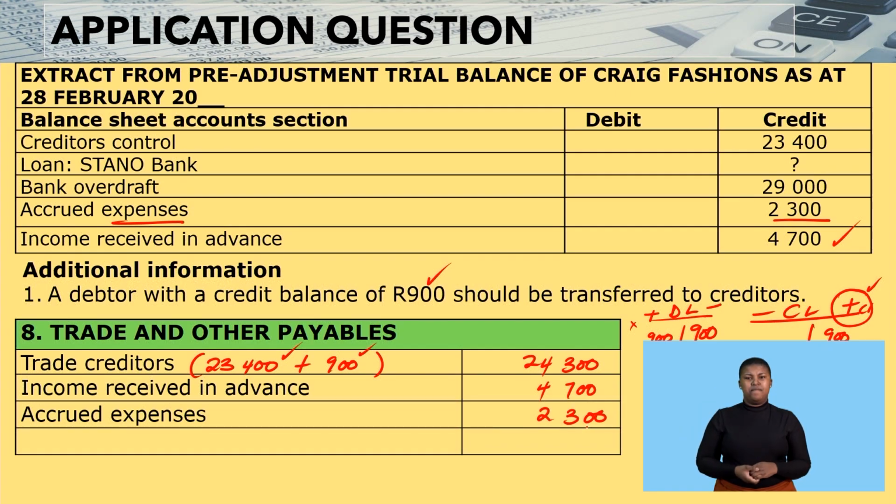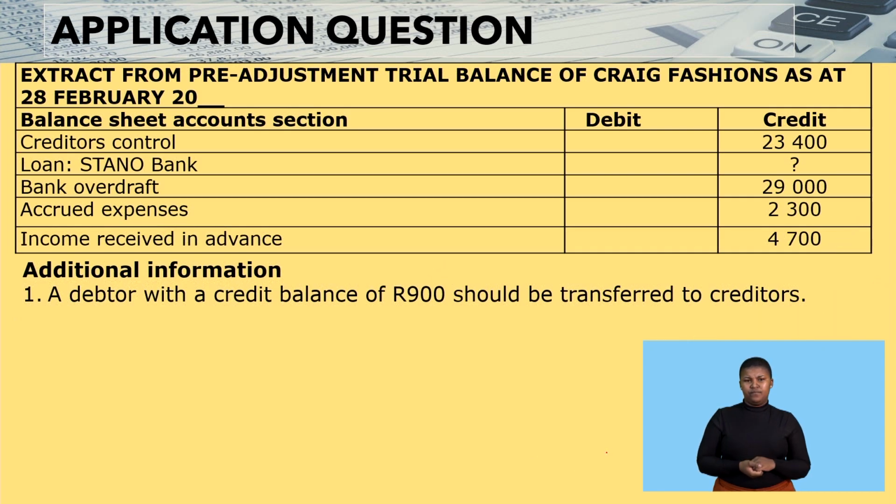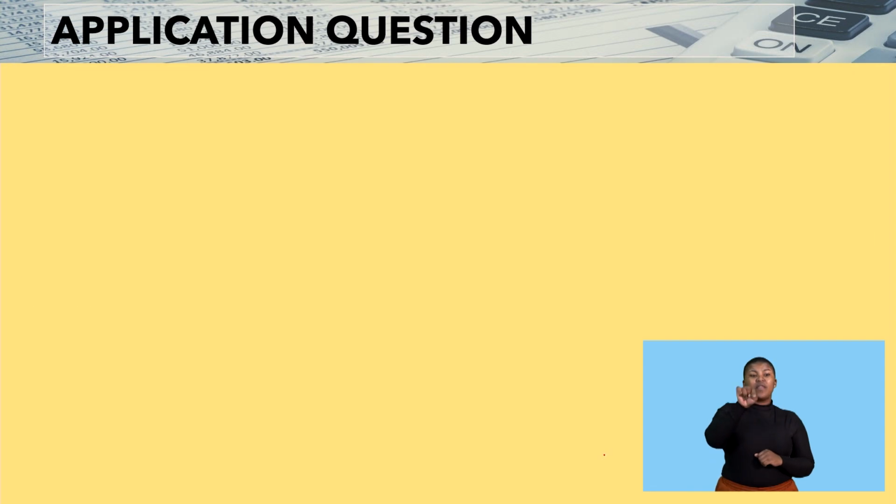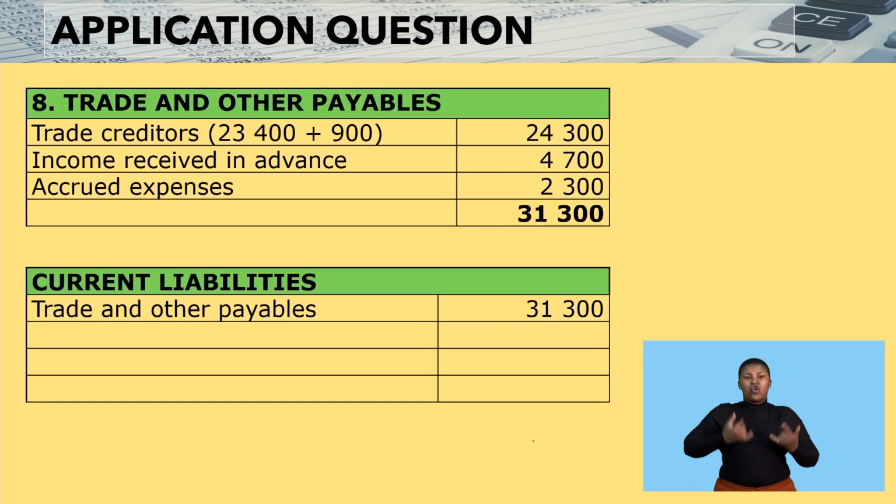After this, I can then close my trade and other payables. If I add 24.3 plus 4,700 plus 2,300, I get 31,300. With the 31,300, I then take it to my current liabilities, trade and other payables. Note 8, 31.3, the very same one comes down there.